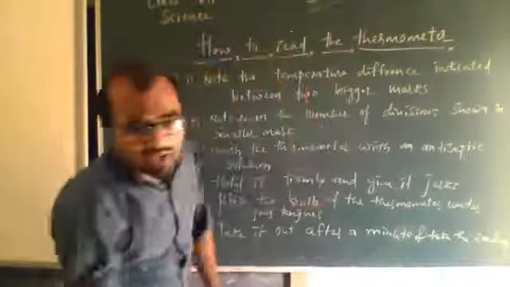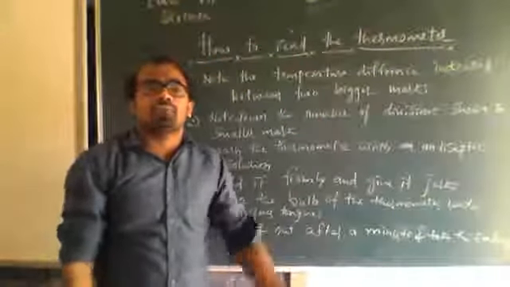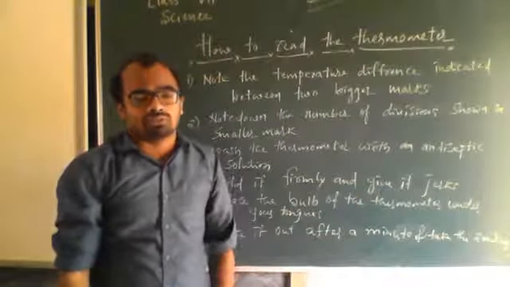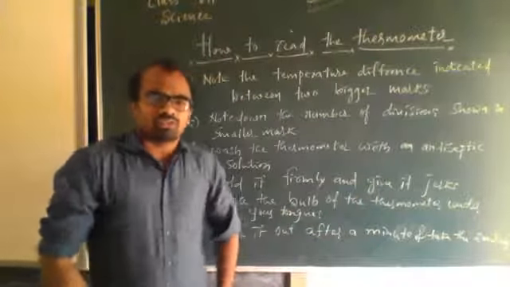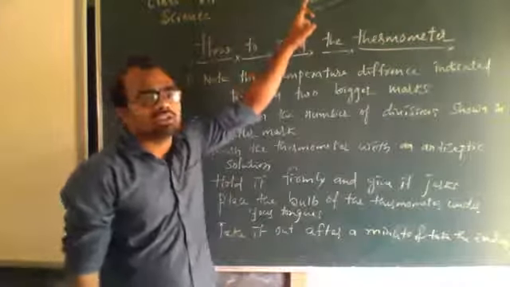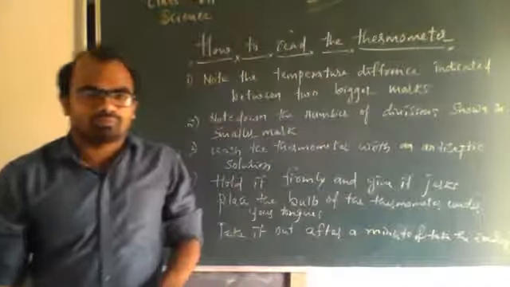They may be 5 in some thermometers, they may be 10 in some thermometers. So first you have to calculate how many small divisions there are.